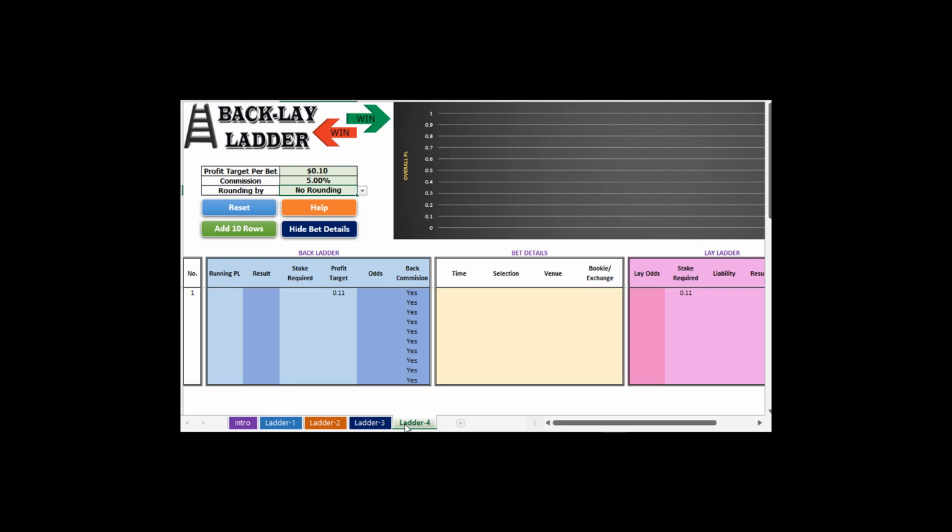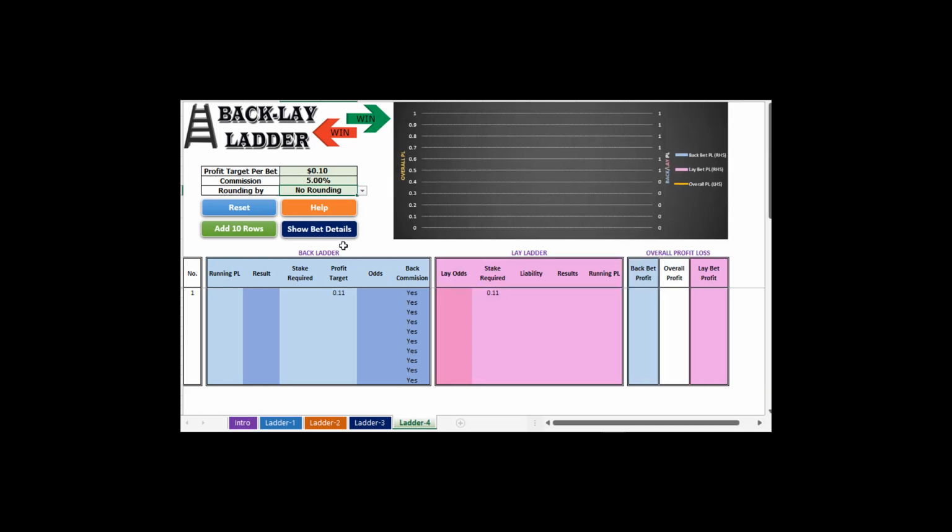So if you're doing sports, then you would need to put the details in. But if you're doing race to race, sitting down watching the races for the day, then you can hide the details. It makes it much easier when you put the odds in there: you'll be putting the back odds in there and the lay odds in here. It's just simpler to do it without that one in the middle.